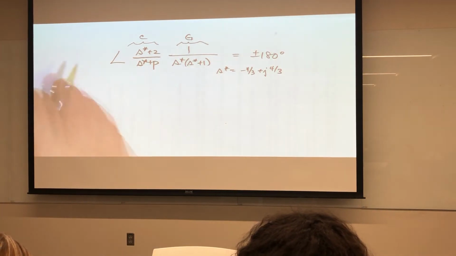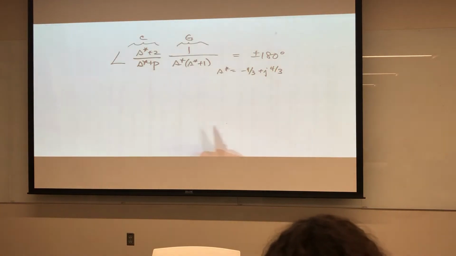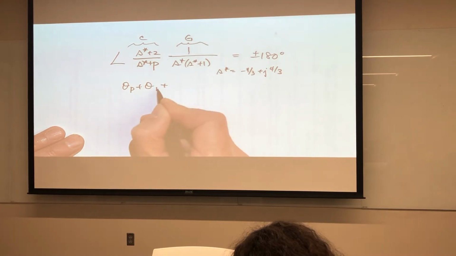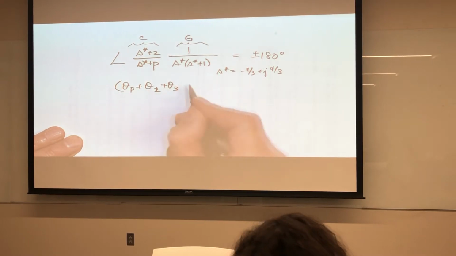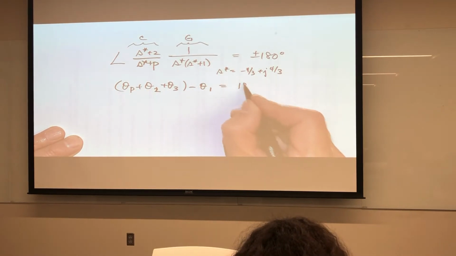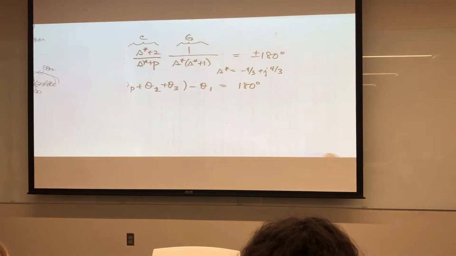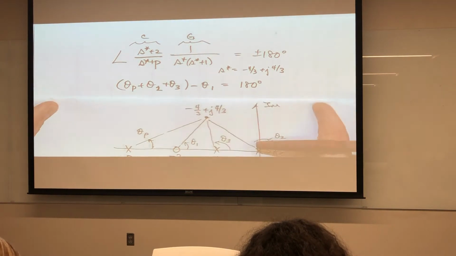So I'm going to take the angles of the poles, theta p plus theta 2 plus theta 3, minus theta 1, equal to 180 degrees. Let me bend the page down and bring the picture back in.